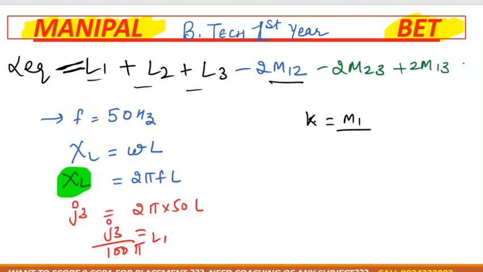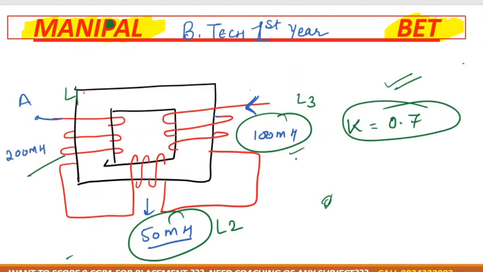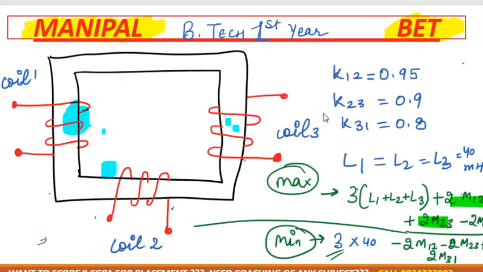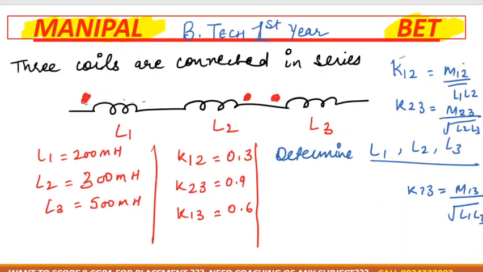The mutual inductance we can get by this formula: K12 is equal to M12 divided by root of L1 L2. Mutual inductance we need to calculate. K12 they have given in the question, L1 and L2 we can get. So we can substitute all the values, then we'll get L equivalent. Got it? This question is from your paper only, this also from your paper only, and this also.